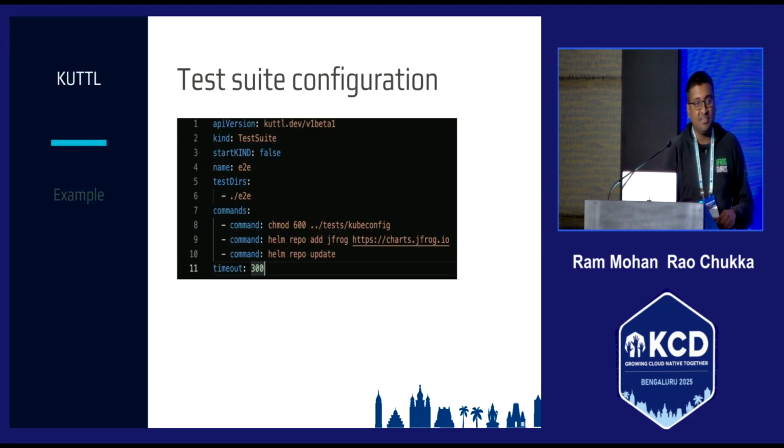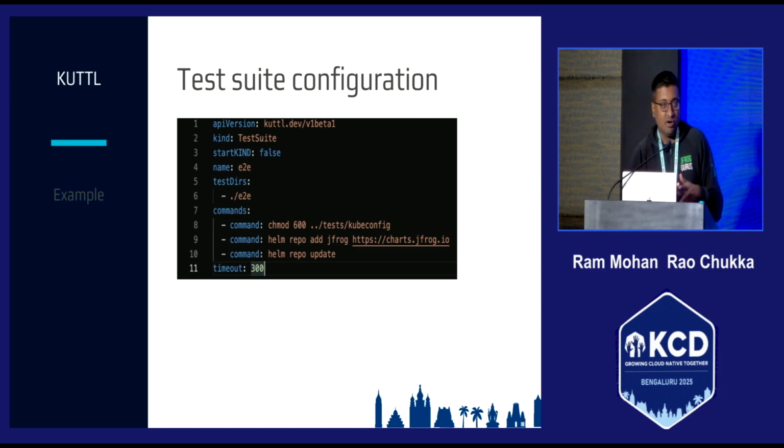So Kuttl has three main configurations. One is the test suite. A test suite is a collection of different test steps. It's a CRD, okay? You can see the API version kuttl.dev/v1beta1, and the kind is TestSuite. You can set startKIND to false, which would mean you can use an existing Kubernetes cluster that you have and run those tests as well.